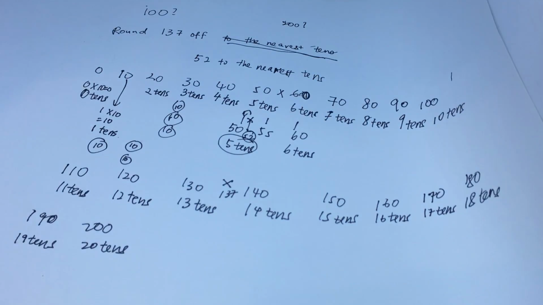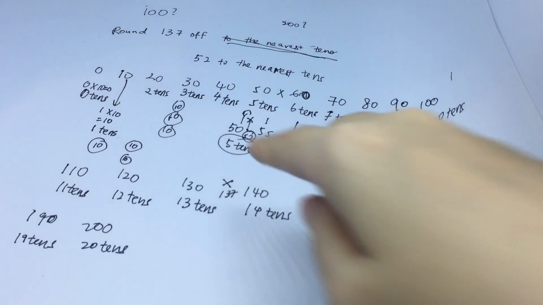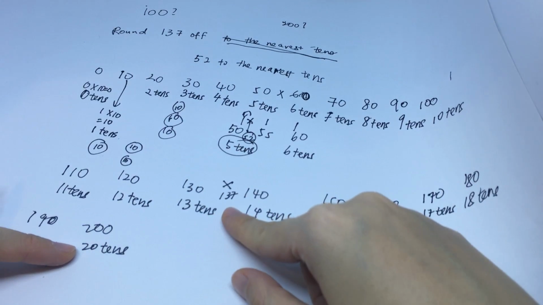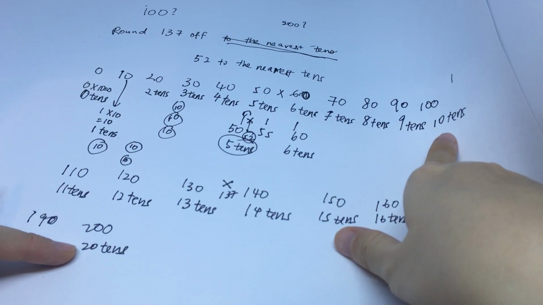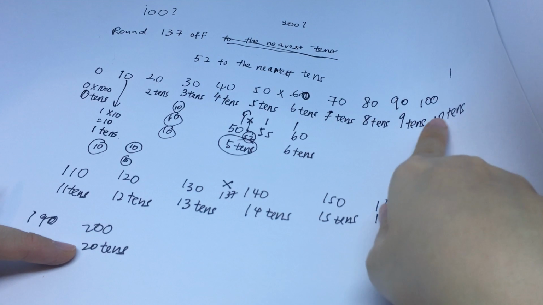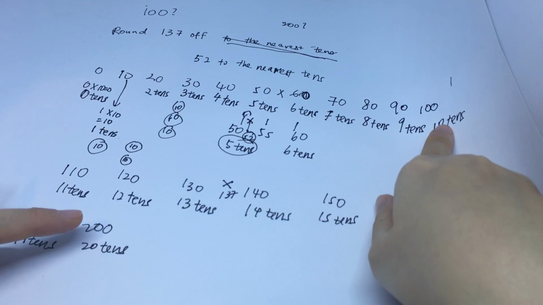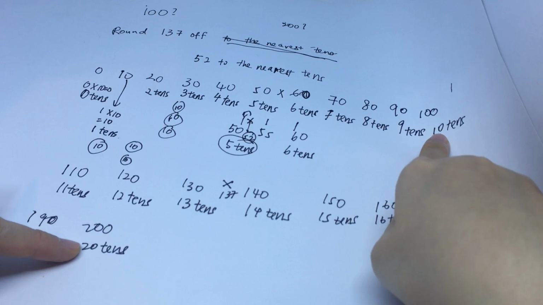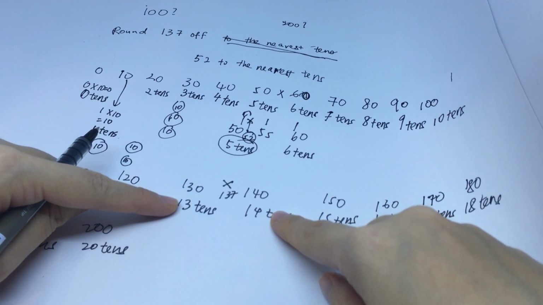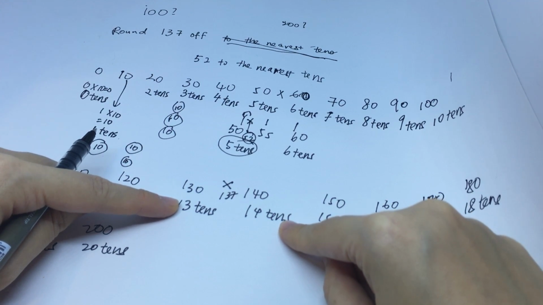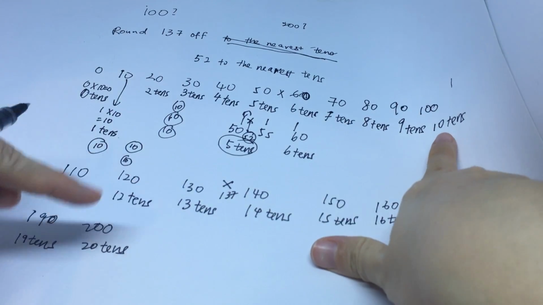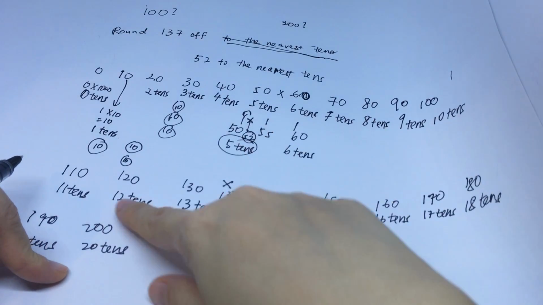But let's look. Do we have tens which are even nearer to 137 compared to 10 tens and 20 tens, which is 100 and 200? Of course. We can see that 13 tens and 14 tens are way nearer to 137 compared to 10 tens and 20 tens.